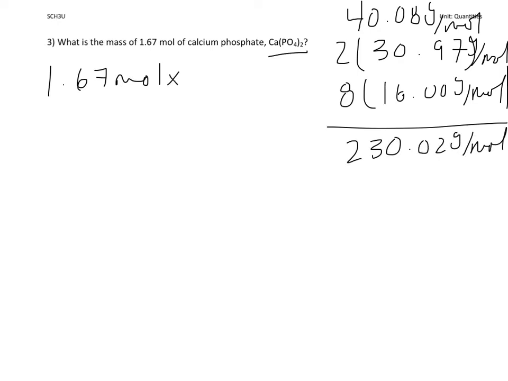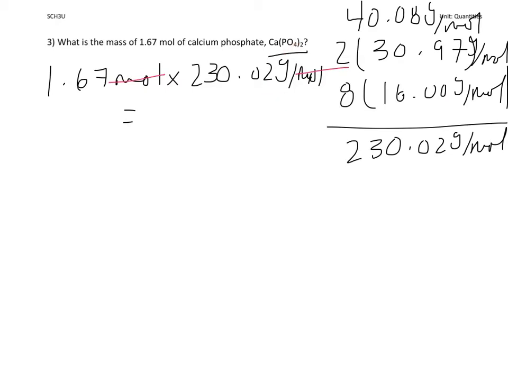So I'm free to use that over here, times 230.02 grams per mole. I could probably get rid of some of this. I don't need this anymore. That won't let me erase it. Oh well, can't erase that, sadly. So I'll just do my math underneath. By the way, my moles cancel out, leaving me with only grams.